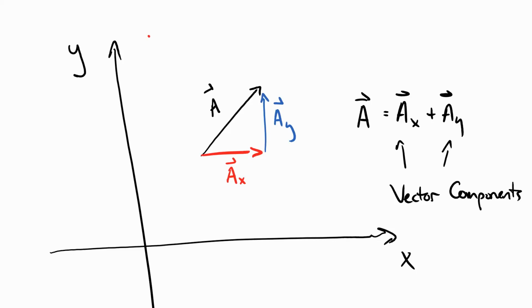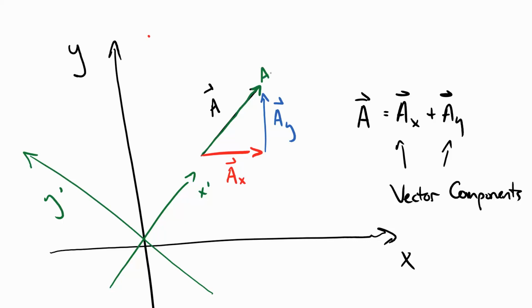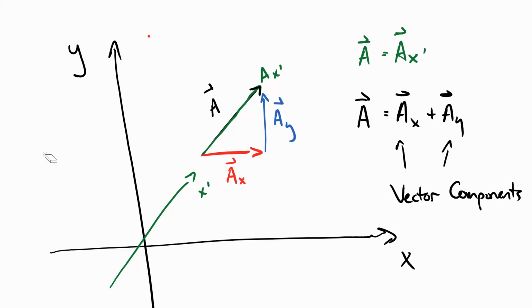At this point, it might be interesting, although not terribly illuminating, to point out I could have done anything. I could have said these were my X and Y axes. Here's X prime, Y prime. A now has an X prime coordinate, and it has no Y coordinate. This is also true. We're going to come back to this idea at some point.